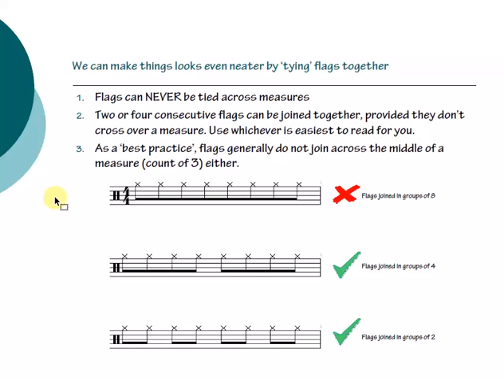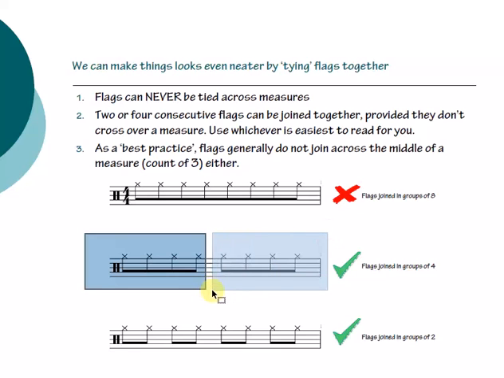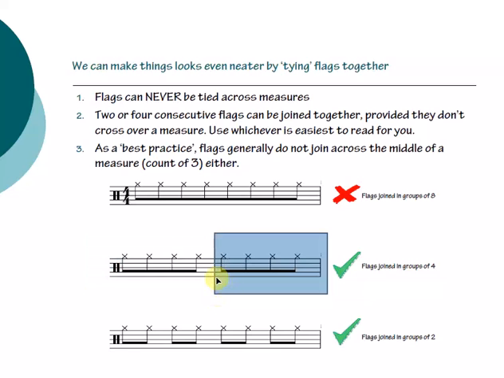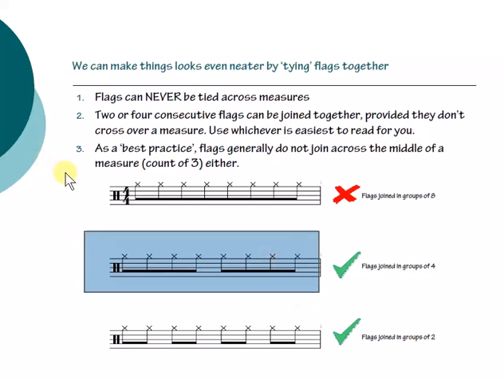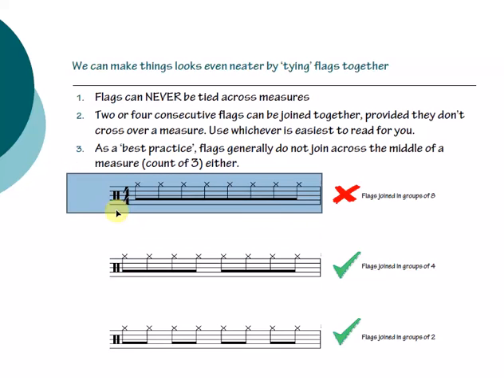Okay, so we can have 4 of them joined together, and you can see there that they tend to not join now over the middle of the bar. So we'll join all the eighth notes at 1, 1 and, 2, 2 and, then we would break that flag, and then 3, 3 and 4 and will be joined. These are exactly the same as these. We still play on every count. We still count every note as 1, 1 and, 2, 2 and, 3 and, 4 and.